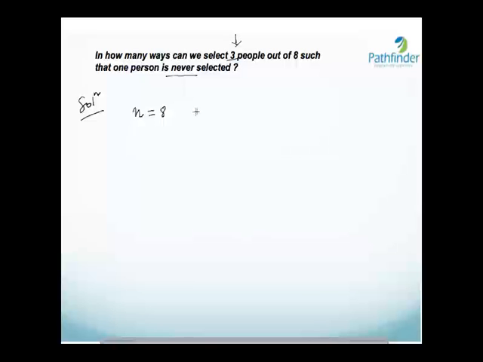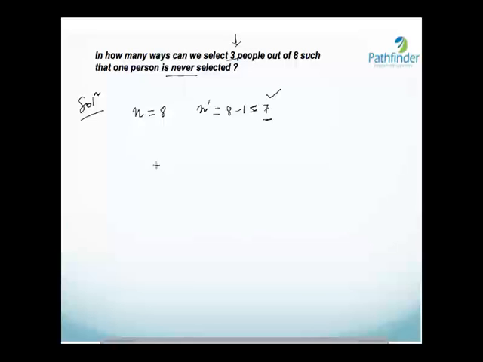So what is the effective value of n? Effectively, n reduces to 8 minus 1, that is equal to 7. Because if we cannot select one person, what is the point in having him in the group of possible selections? So we ignore that one person and now we assume that the selections can be made from only 7 people.